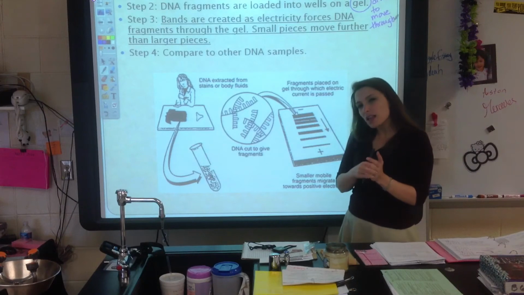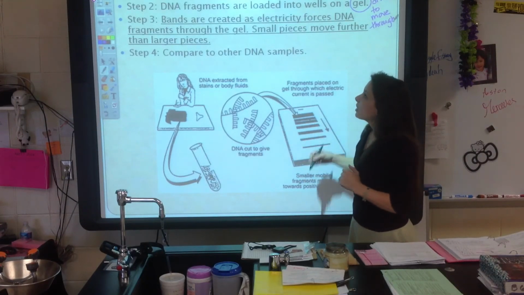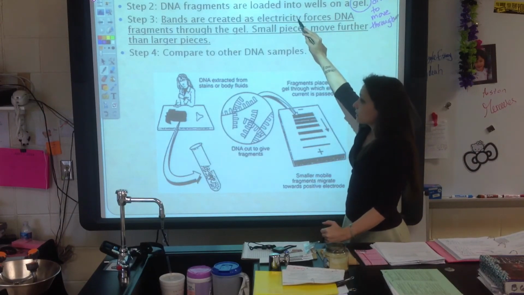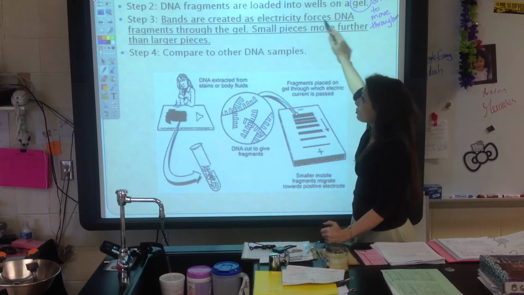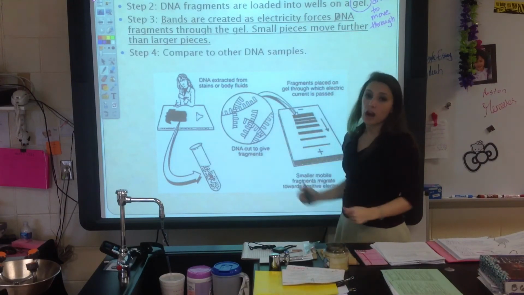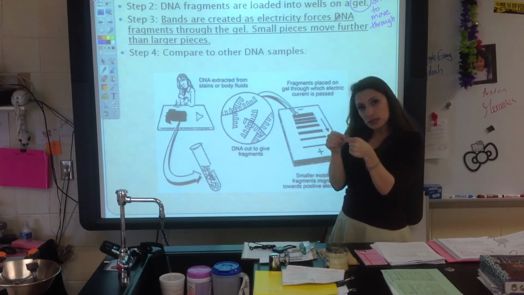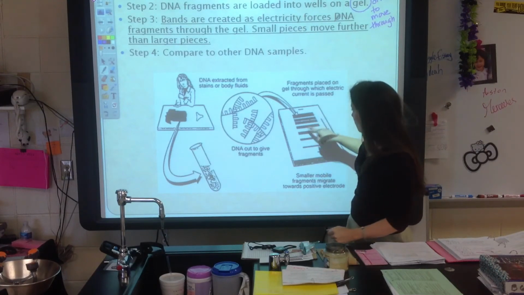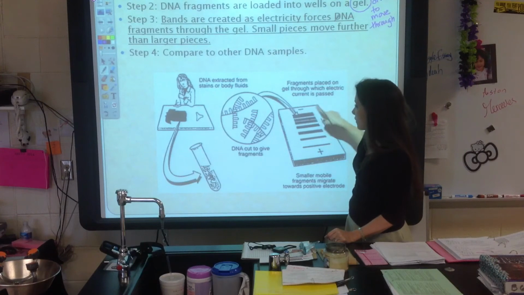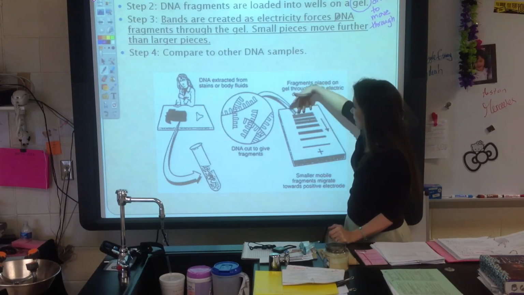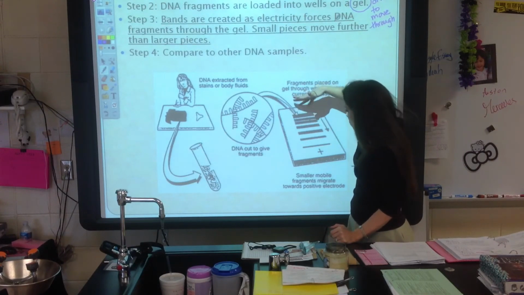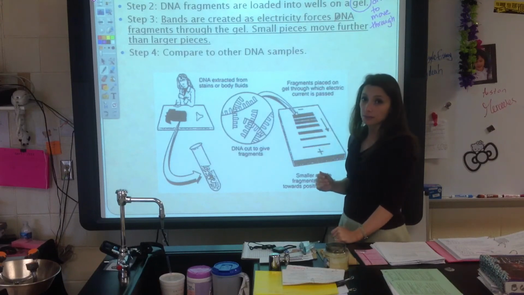It's not a solid, but it's not a liquid. When we add electricity to it, the electricity forces the DNA fragments through the gel. So we have these little pieces of DNA that we put inside of a gel here at the negative end, and then we add electricity to it, and the electricity pushes the pieces through the gel.